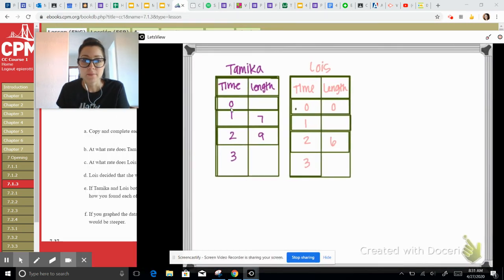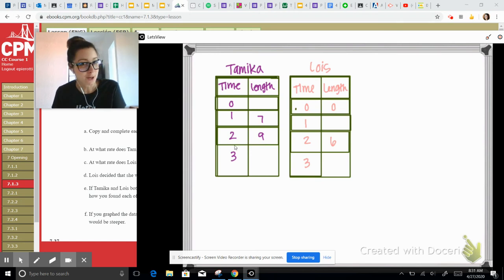So Tamika, like we said, it's not going to be 0, 0 because she had a head start. So it's not really clear just by looking at the table what her unit rate is because she had that head start. So we have to look at the difference between the time. And what I mean by that is if you did it like our last problem with the cars and said, oh, well, I just do 7 divided by 1 and that's going to give me 7.